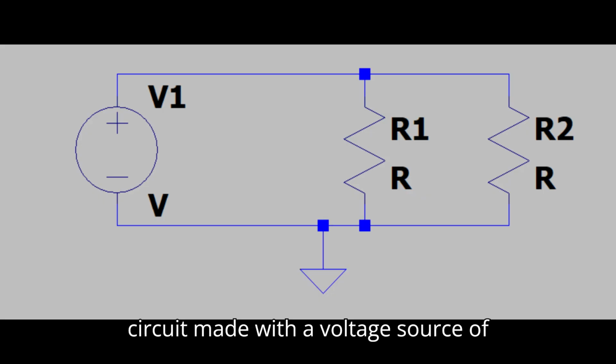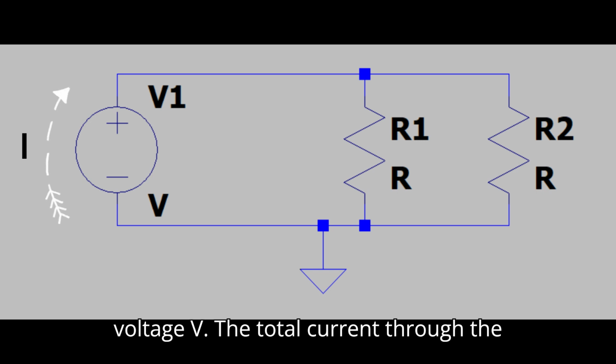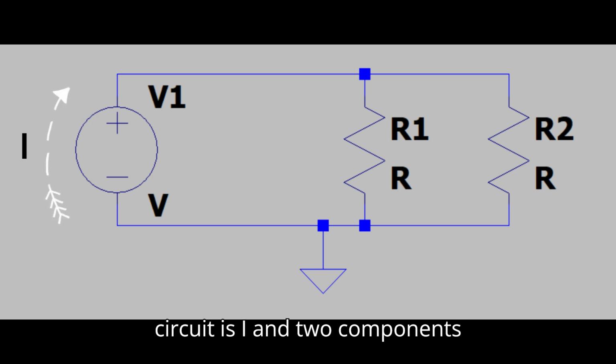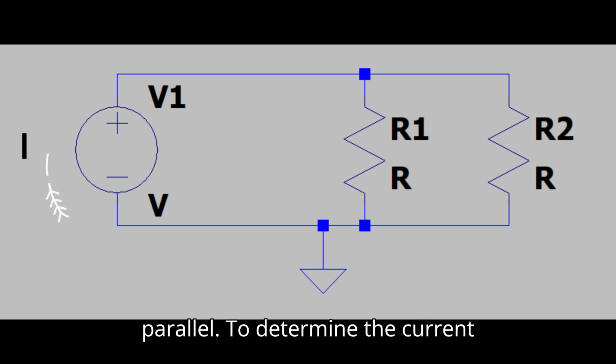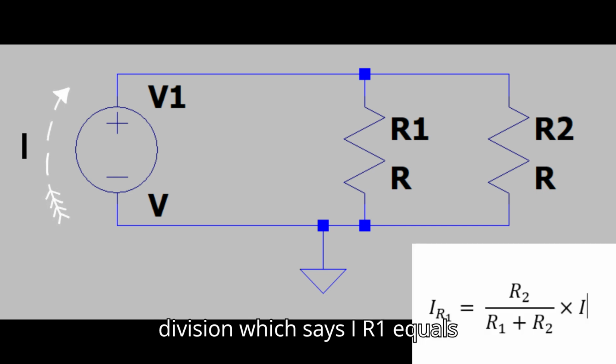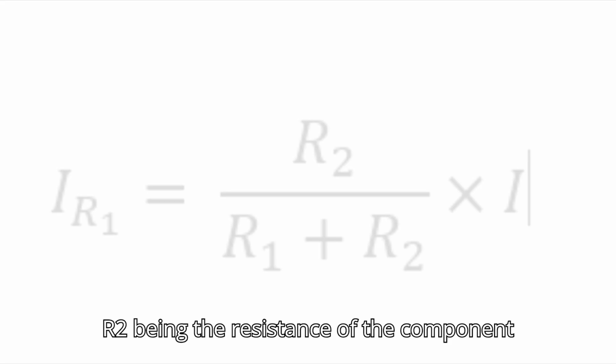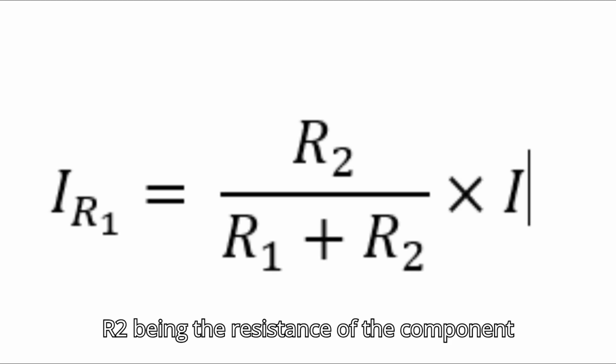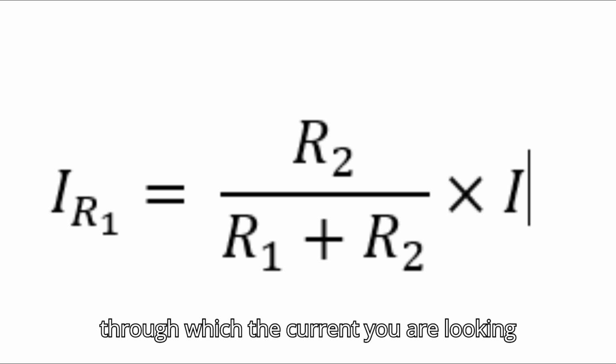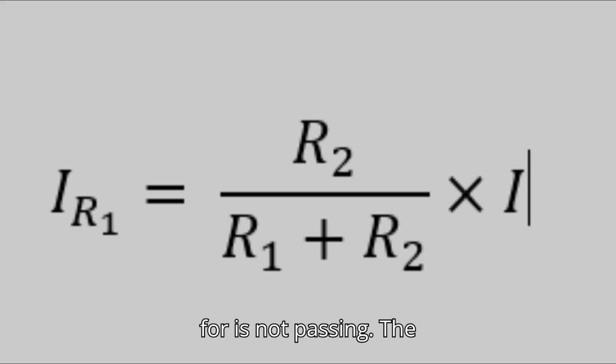Say you have a circuit made with a voltage source of voltage V. The total current through the circuit is I, and two components of resistances R1 and R2 in parallel. To determine the current through a component of a certain resistance R1, you use the current division, which says IR1 equals R2 divided by R1 plus R2, multiplied by I, R2 being the resistance of the component through which the current you are looking for is not passing.